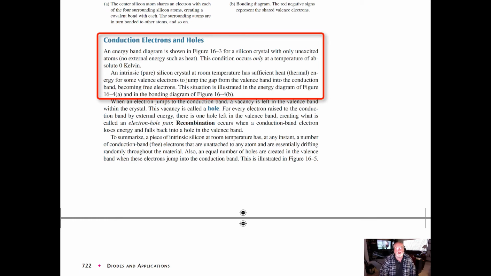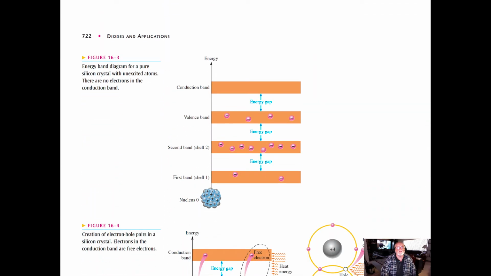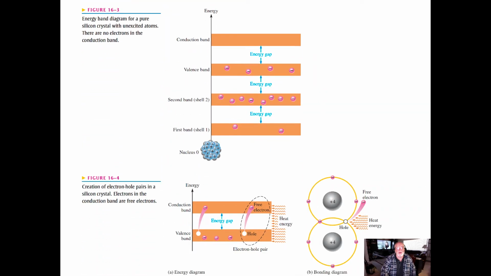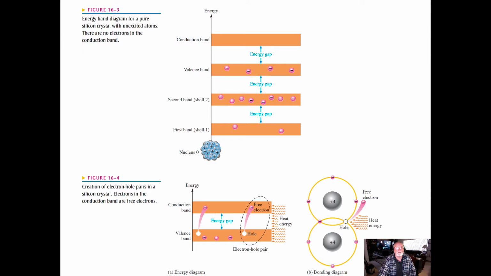So if we scoot down here to the diagrams, we can see what's happening with these energy bands. The energy band diagram for a pure silicon crystal with unexcited atoms shows no electrons in the conduction band. You can see here the first band or shell, second band shell, valence band, there's no excitation. There's nothing forcing these valence electrons to move through the energy gap and into the conduction band.